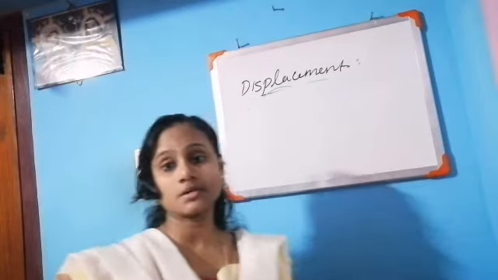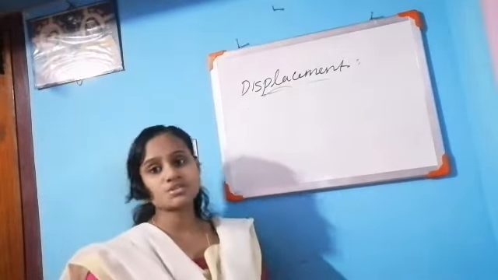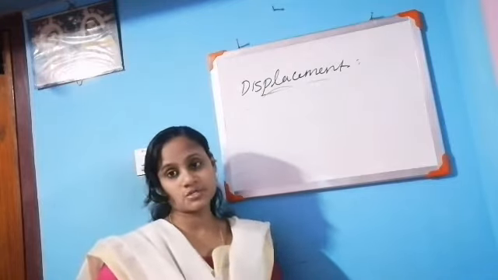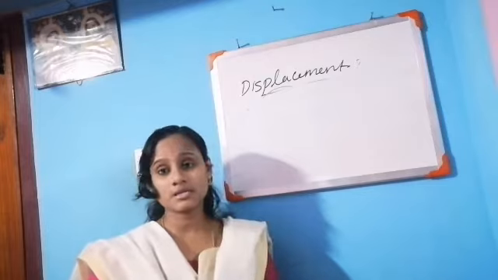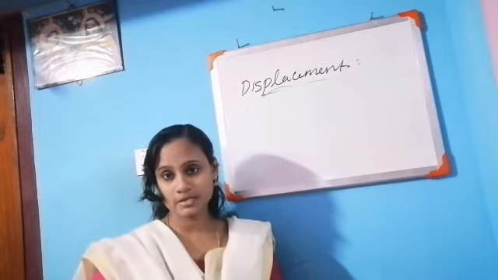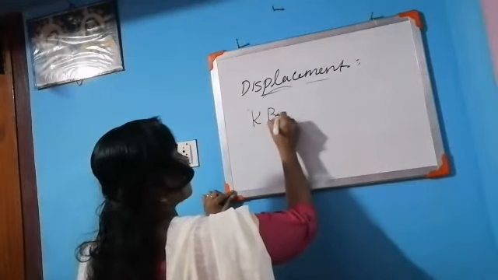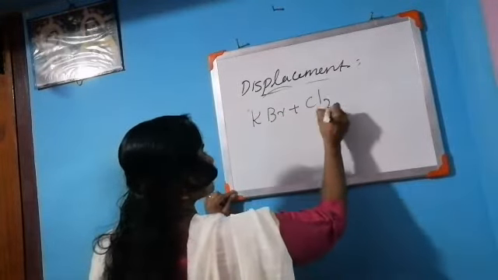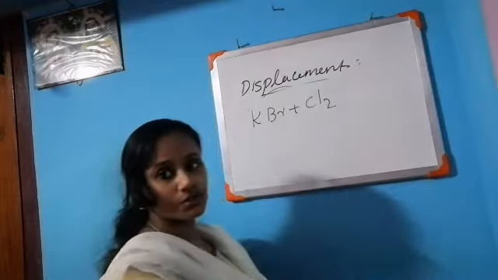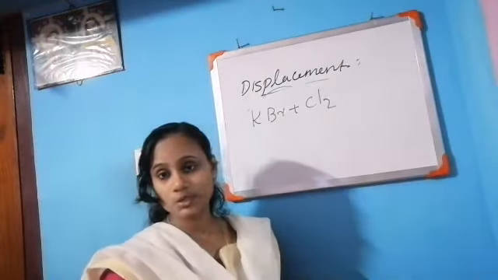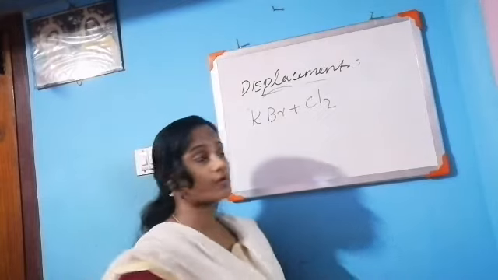Next, the most reactive non-metal displaces a less reactive non-metal. We know non-metals are in the 17th group. For example, potassium bromide reacts with chlorine. This chlorine is the most reactive non-metal.